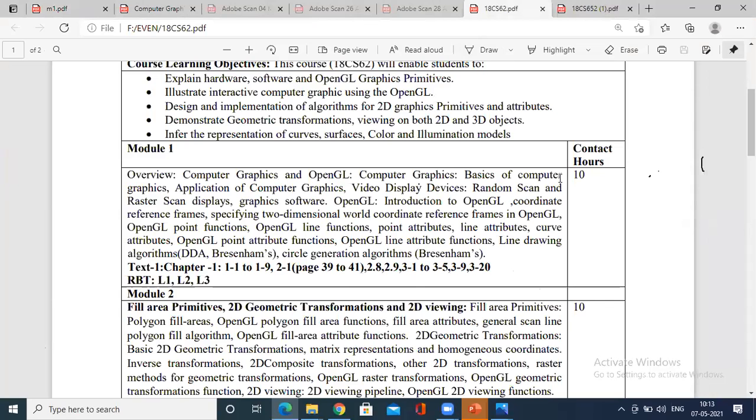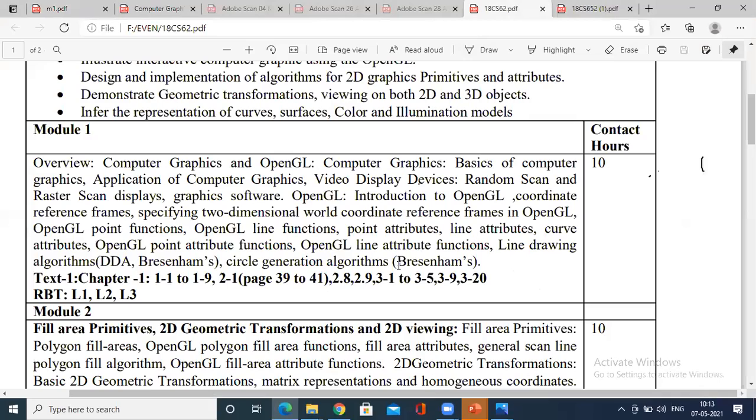So Bresenham's was the last concept in this, and most of the things we have tried to cover: point functions, line attribute, line drawing. If something has been left out with respect to the theoretical point of view, you have to go through it.